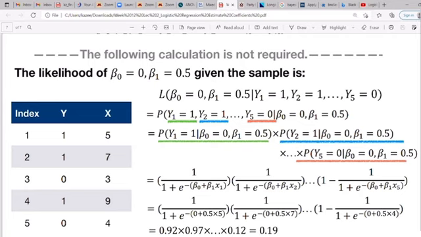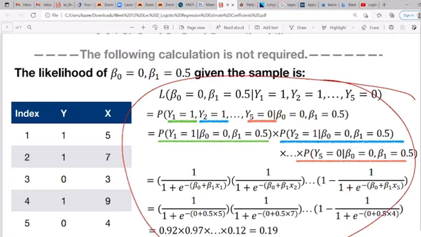When beta naught equal to 0 and beta 1 equal to 0.5, we need to vary the values of beta naught and beta 1 to compute the likelihood, and at the end of the day we settle with the values of beta naught and beta 1 that give us the highest likelihood. And that is what we mean by the maximum likelihood method.